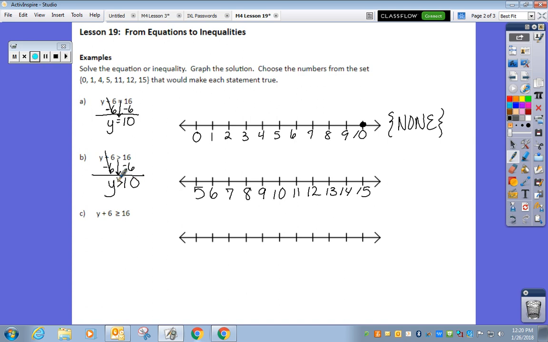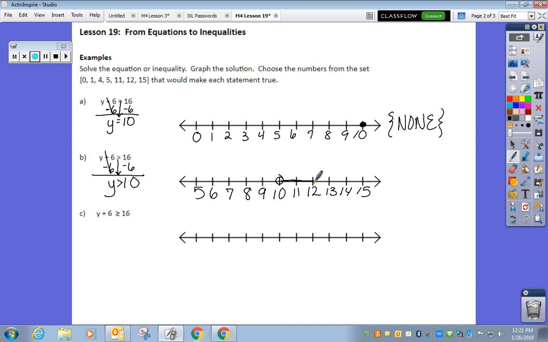When we have that greater than symbol or less than symbol, what we would do is go to the number that it's referring to, and we would put an open circle there. That shows it does not include 10. However, it includes everything larger than 10, including anything in between 10 and 11, so any decimals, any fractions that would fall in between 10 and 11.